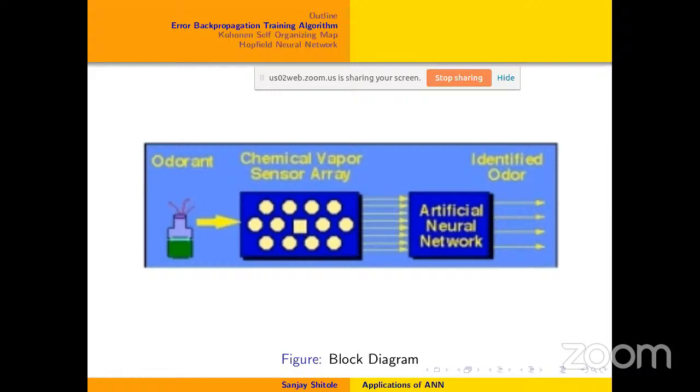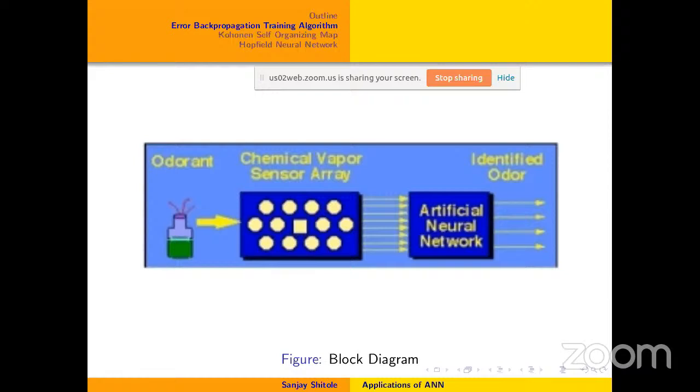These sensors give you some output, an electrical potential, and this electrical potential, a quantitative value, is applied to the artificial neural network. In the morning you asked how these things can be numbered.